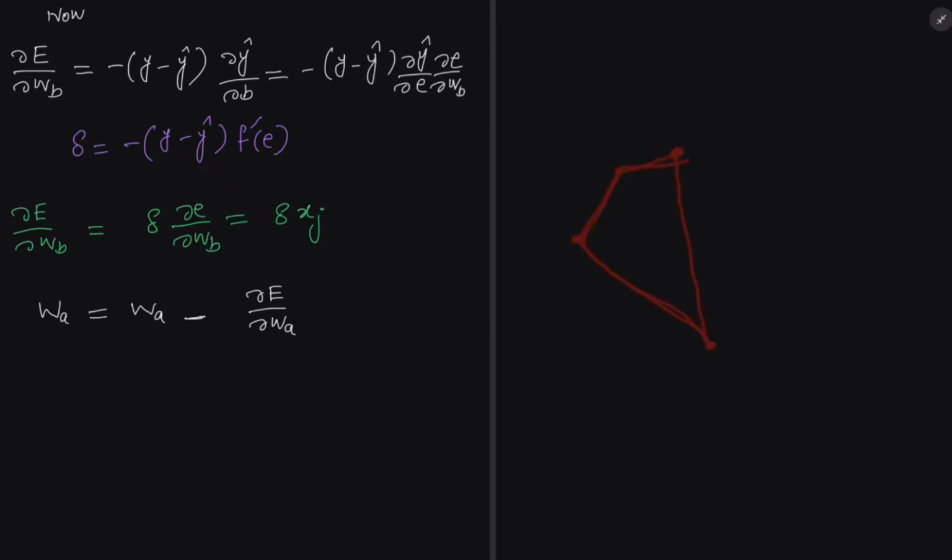So it means that we add some parameter over here, and that parameter is called the learning rate. This value is very small since to reach towards the minimum point, you need to iterate many times. So that's how the WA is updated.